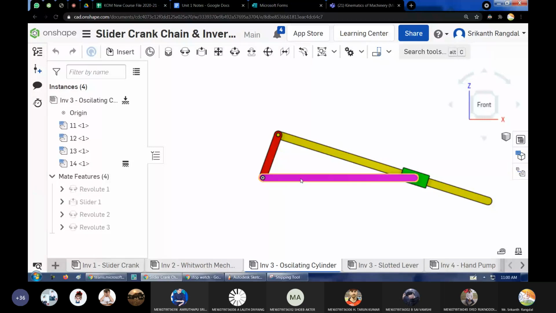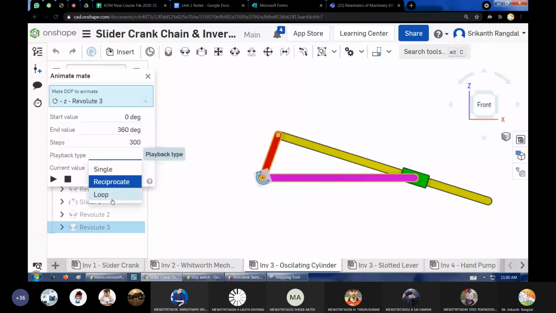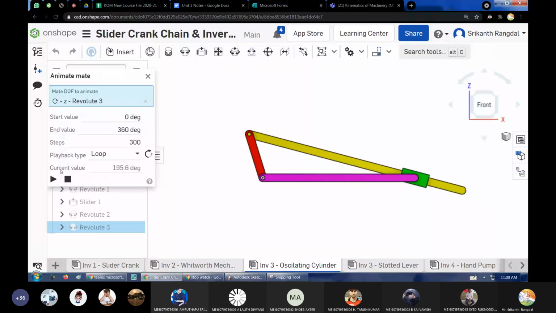The only difference is that instead of fixing the other two links, we are fixing the pink link. Now let us see what kind of motion happens here. I'll animate this, put it on loop, and play. Is this visible? Are you able to see the motion?